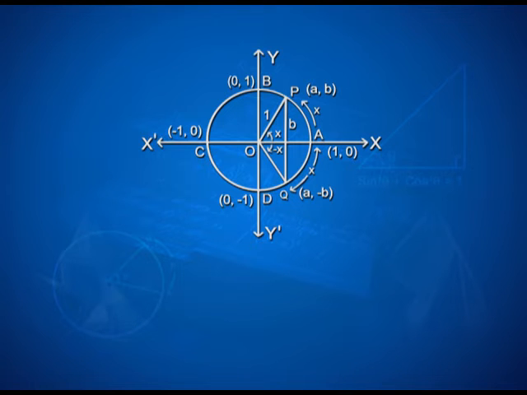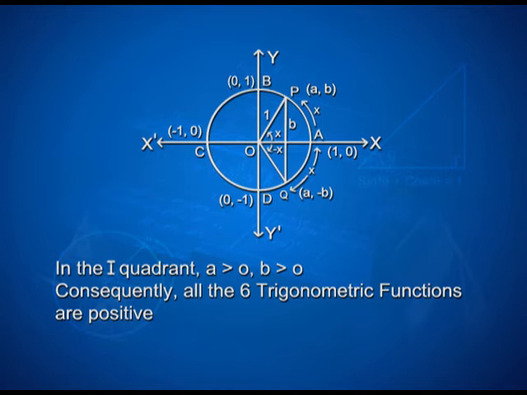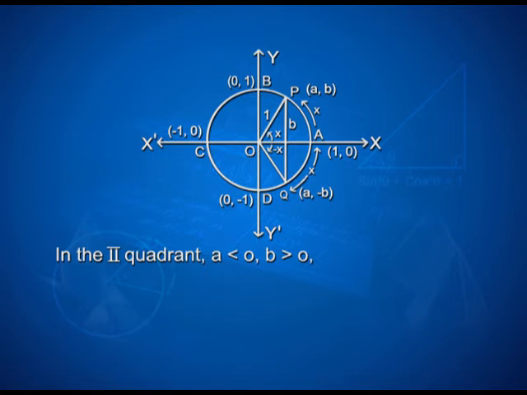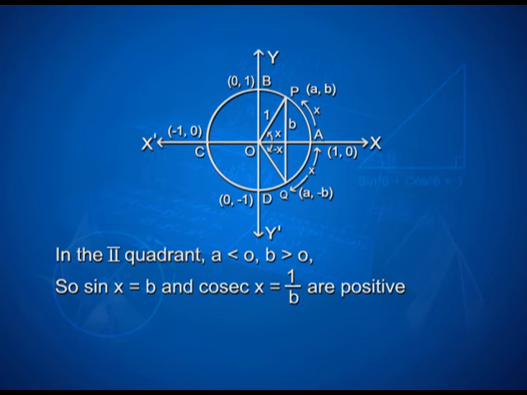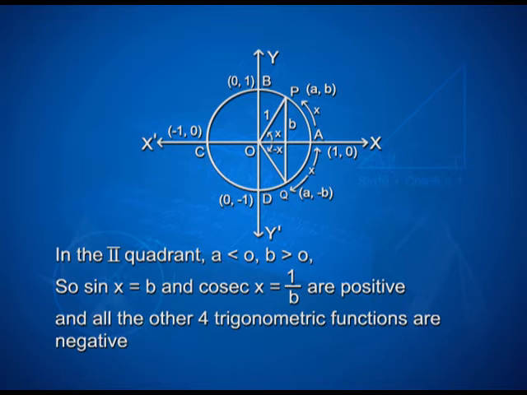Now, let us see in the quadrants. In the first quadrant, a is greater than 0, b is greater than 0, consequently, all the 6 trigonometric functions are positive. In the second quadrant, a is less than 0, b is greater than 0, so sin x is equal to b and cosec x is equal to 1 upon b are positive and all the other 4 trigonometric functions are negative.